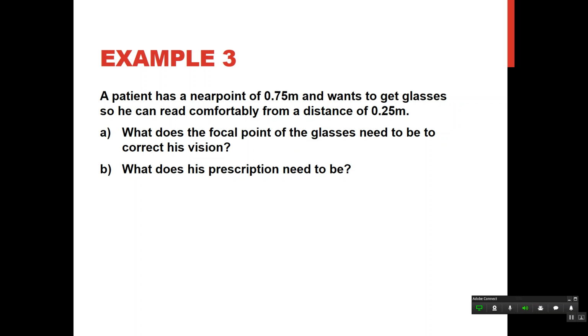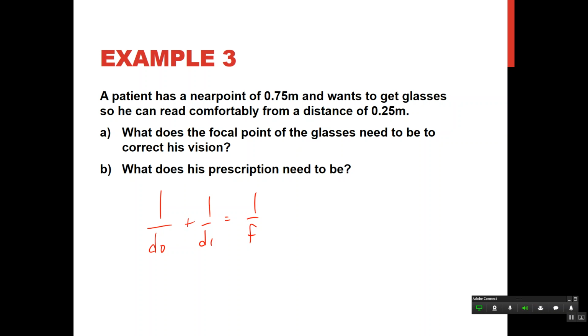We don't even care what the eyeball is doing at this point. We just want the image to be at 0.75 meters away from us. You want the image to be at 75 centimeters because that's where it's comfortable for you. So that's your image.